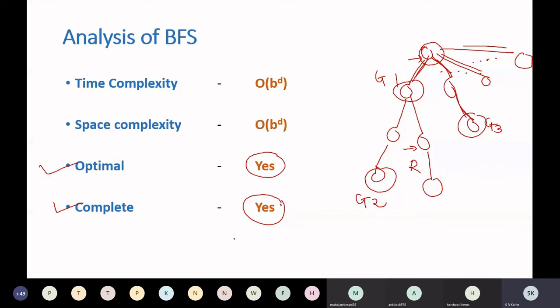So the number of rules is always finite for any problem. We cannot have an infinite number of rules, and therefore the breadth will always be finite, and the algorithm will always give you the solution. Therefore the algorithm is complete. Right? Yes or no?